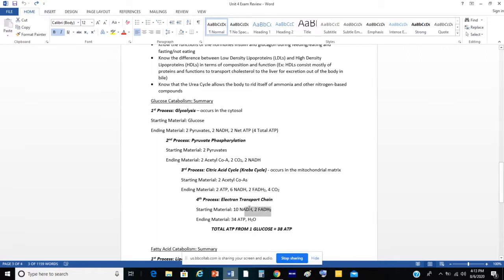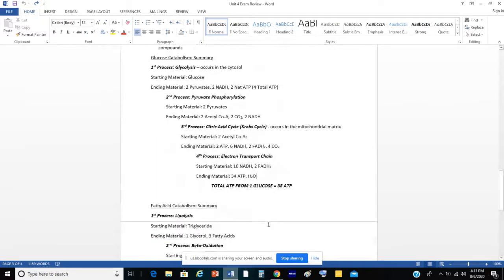So we're going to take all these electron carriers and use them to help drive our hydrogen gradient, which spins our ATP synthase to make ATP. I don't know what I talked about. Don't worry, it's not in the detail of this exam review. All right. We take our NADH, our FADH2, and we make ATP.